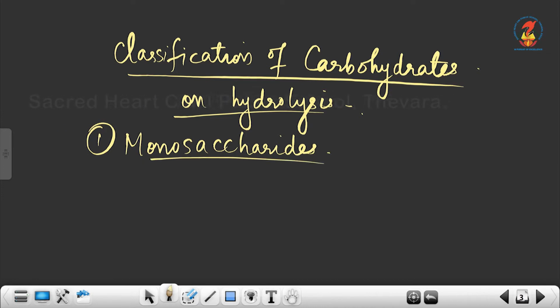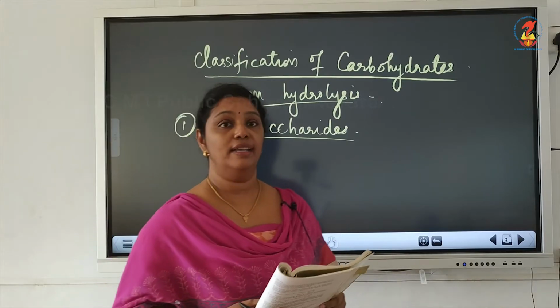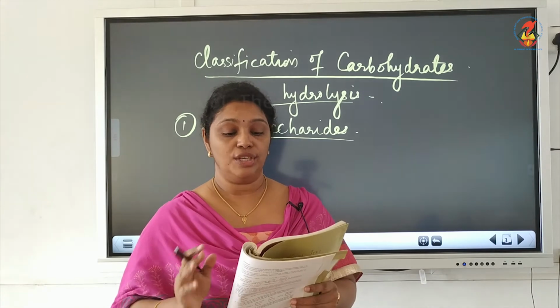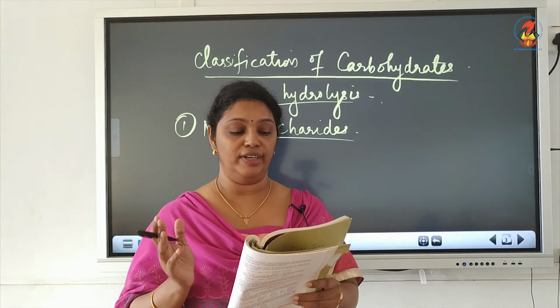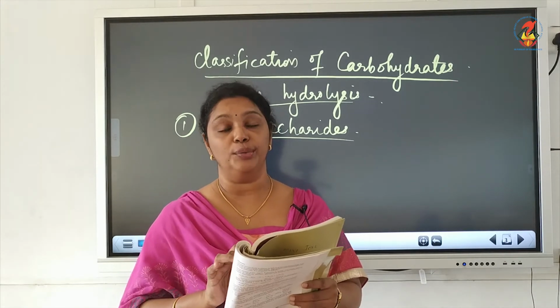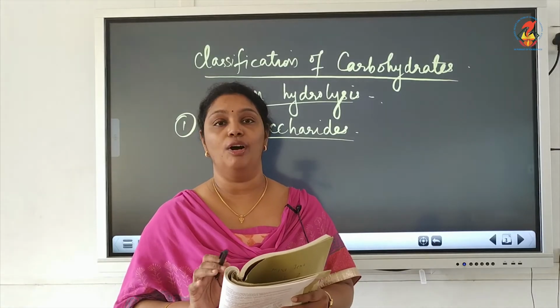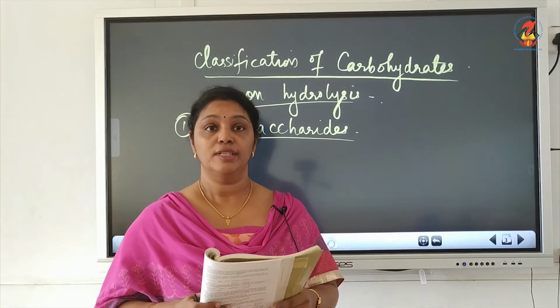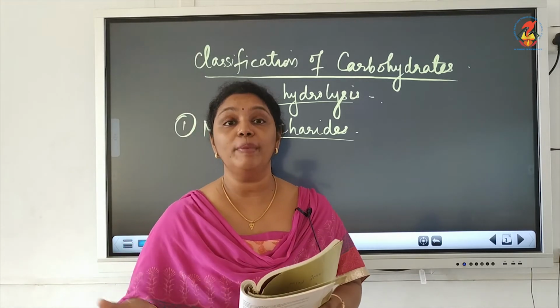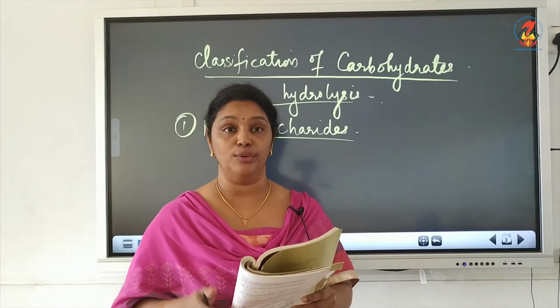Now, what are monosaccharides? A carbohydrate which cannot be hydrolyzed further to give simpler unit of polyhydroxy aldehyde or ketone is called a monosaccharide. So, monosaccharides means they cannot be hydrolyzed further.